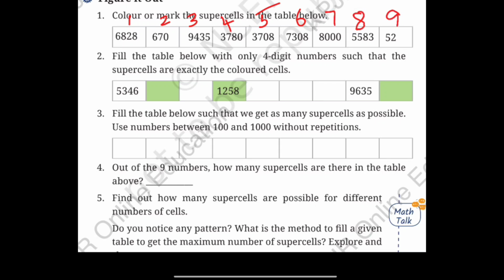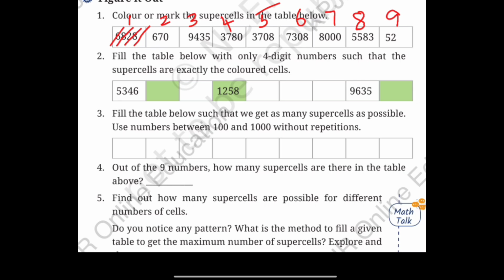Totally, how many are there? 9 cells are there. So we have to compare each and every cell. So the first cell should be compared with the second cell. Which is greater? First cell or second cell? First cell. So can we call this a supercell?